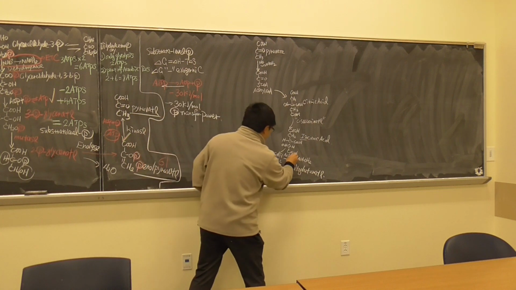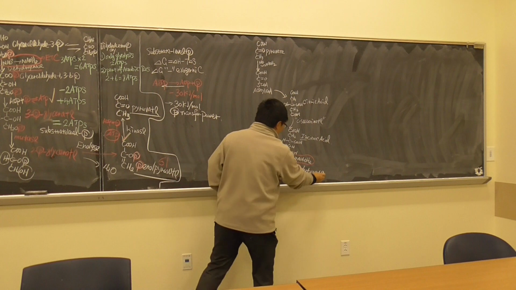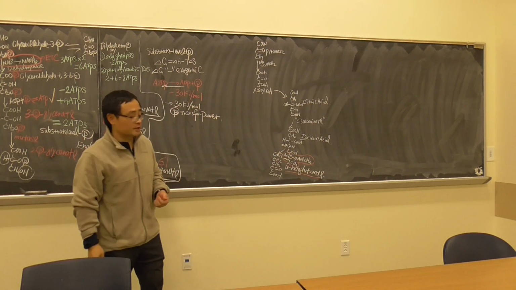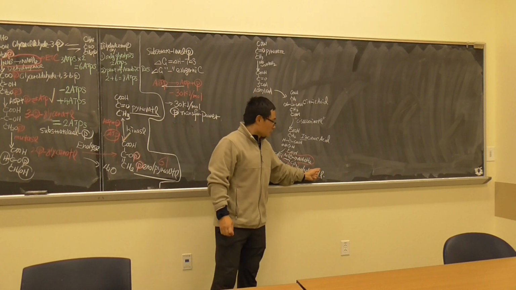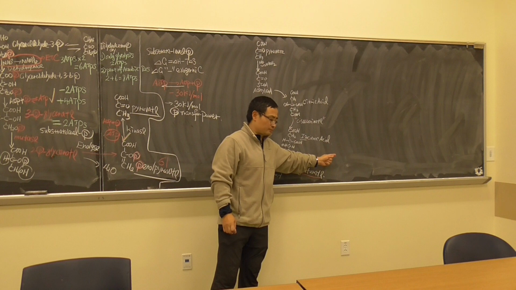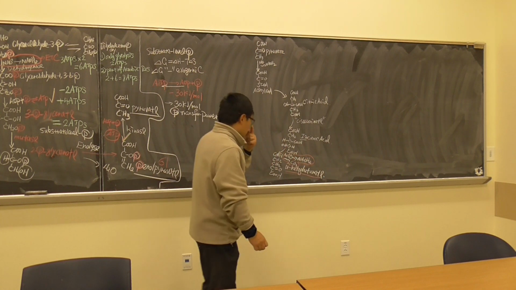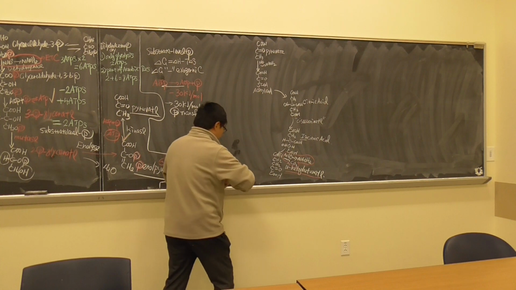So I'm going to circle this guy here. This is important. Alpha-ketoglutarate is a very activated biochemical ion. It could go to the lipid cycle, beta reaction, everything. That's alpha-ketoglutarate.